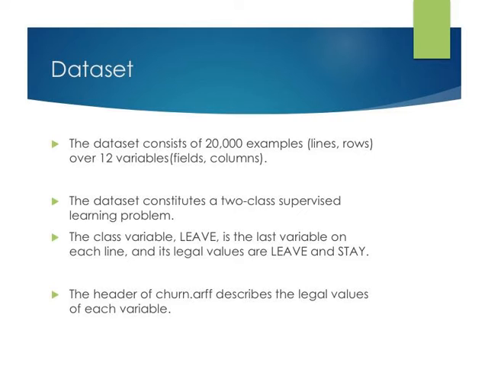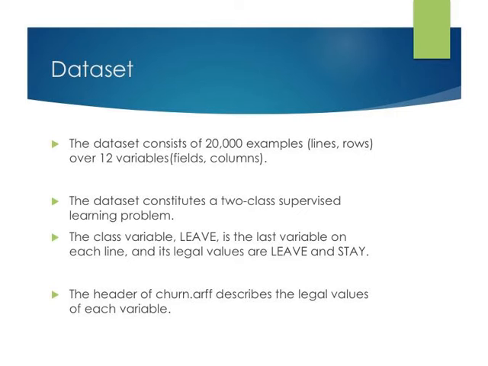And to save some time, I will tell you what you are going to find in the file that we are going to import. It is a dataset that has 20,000 examples, instances, lines, or rows. And each one of these instances has 12 variables, attributes, fields, or columns.